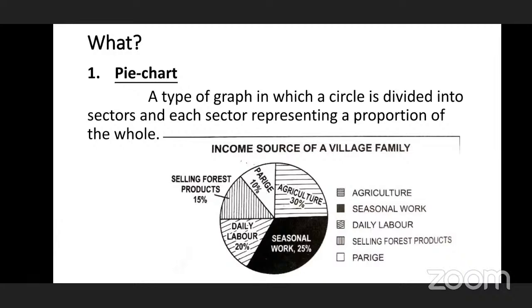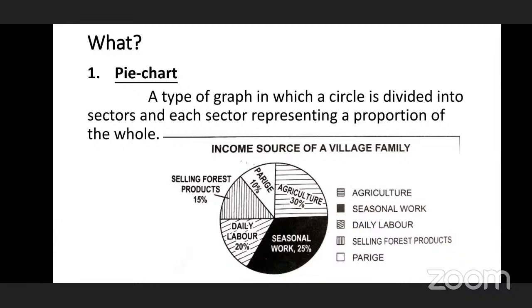I repeat, a pie chart is a type of graph in which a circle is divided into sectors. You can see the picture here. Can you see the circle divided into sectors? Yes, you can. Each sector represents a proportion.